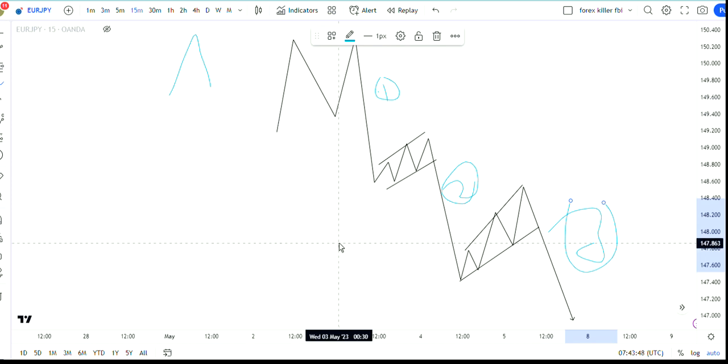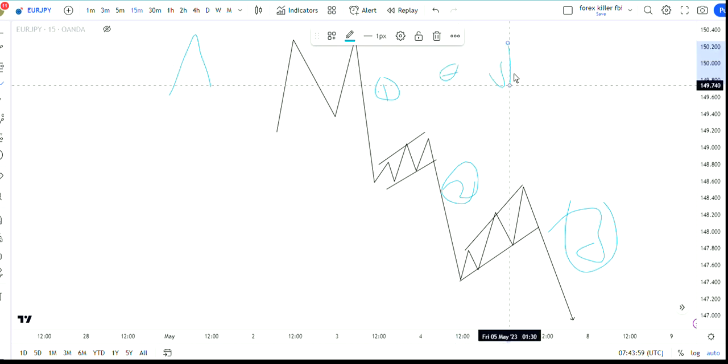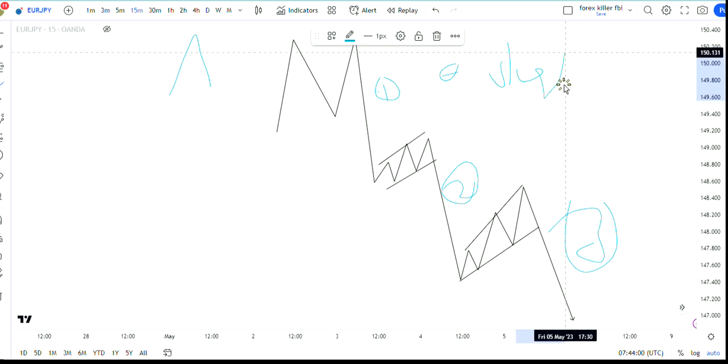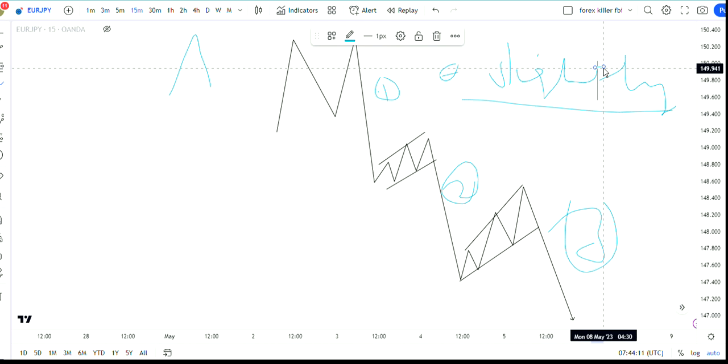What do I mean when I say a straight away market? A straight away market is one that has only a very small pullback inside.